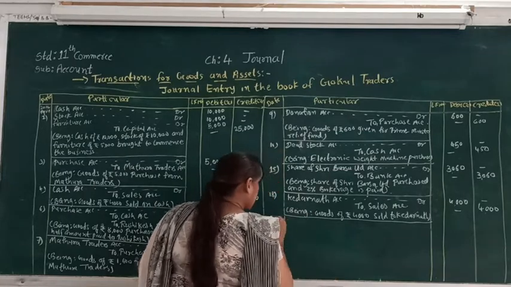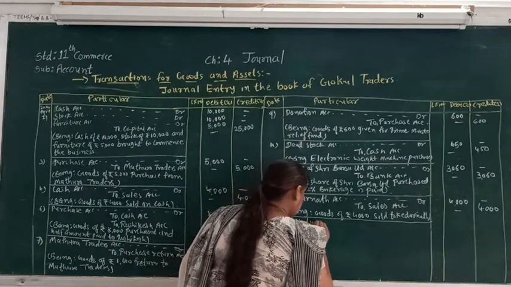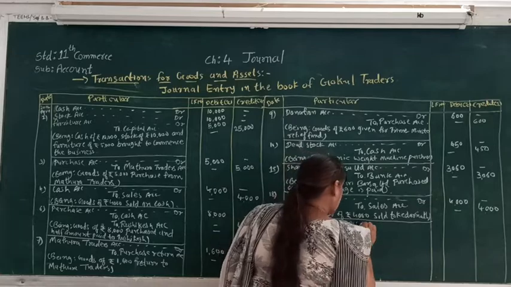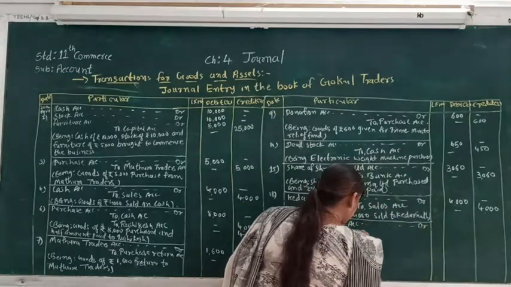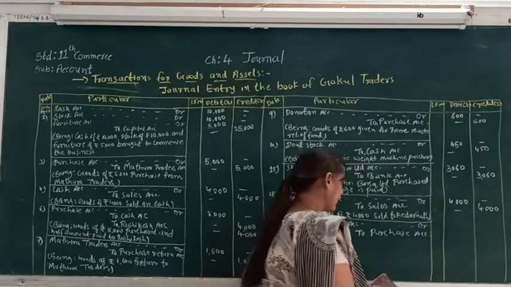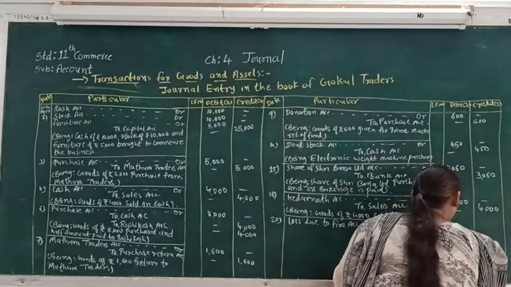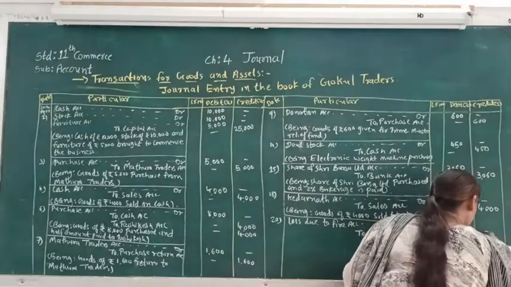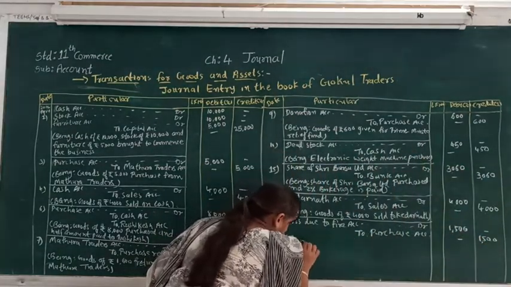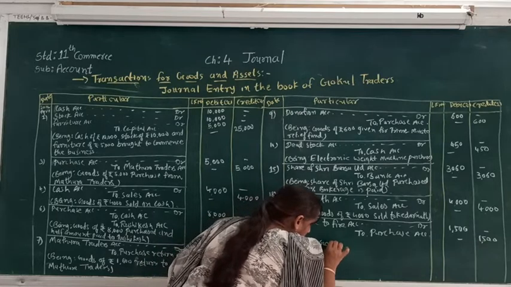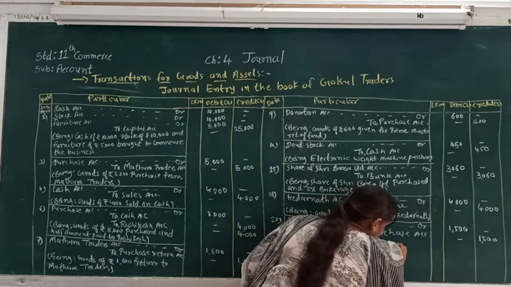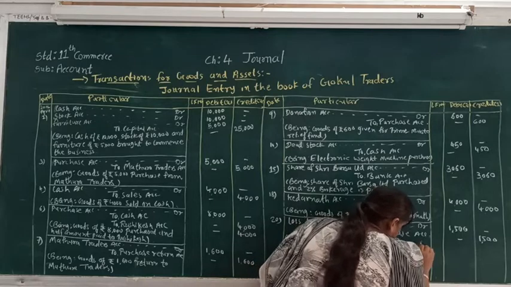20. And the amount is 1,500. Being goods of rupees 1,500 destroyed by fire.